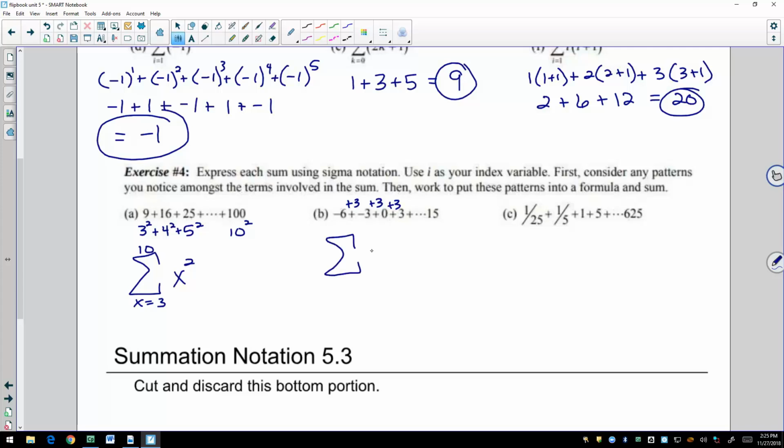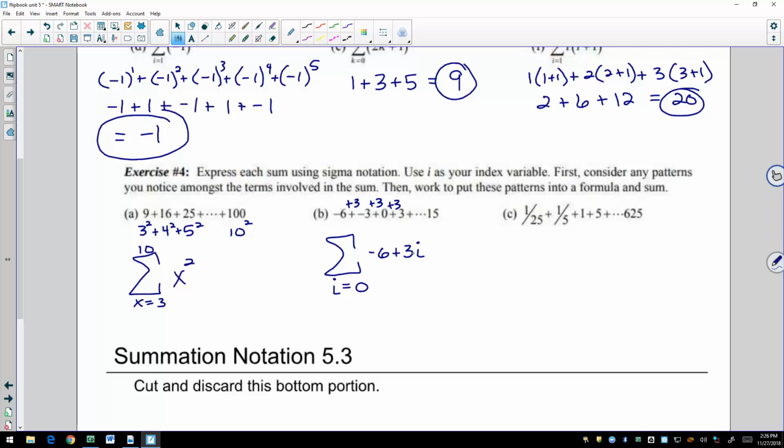So if I start at negative 6 and I add on 3 times, I'll use i again, some number i, I want to start at 0. So that way, when I plug in 0 to start with, I'll get negative 6 for my first term. Now, if I plug in 1, then I will get negative 6 plus 3, which is negative 3, which is the second term.